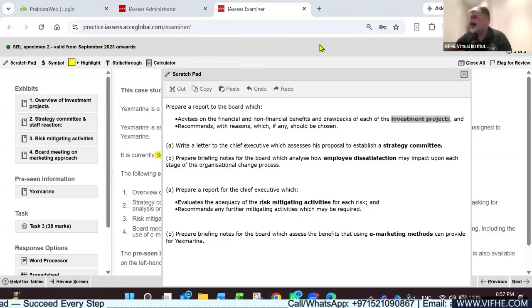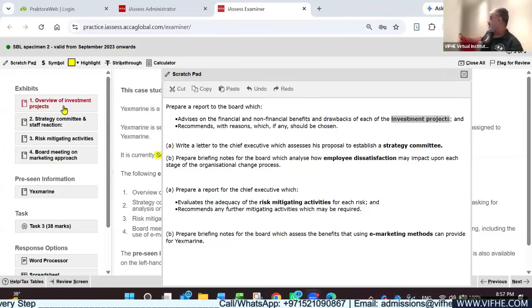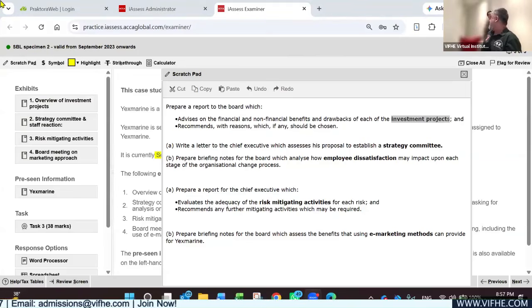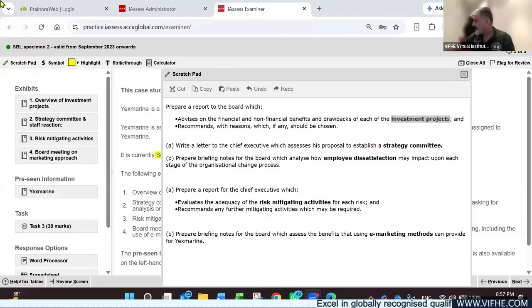Exhibit 1, right? Sorry, guys. So investment projects, and I see the words overview of investment projects.